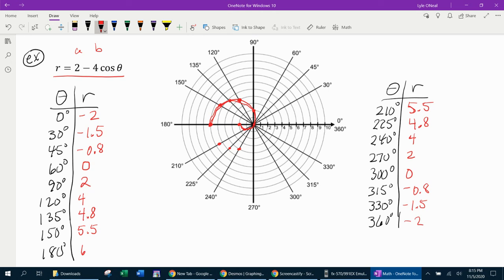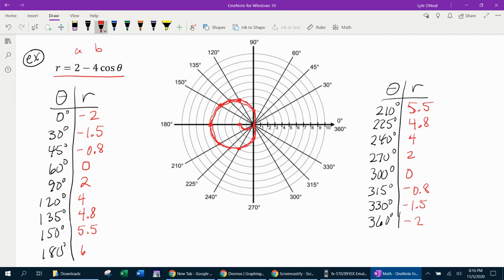And then 270 is back at 2. And then 300 is back at 0. So if we keep going here, you can actually see the direction that this graph starts. It starts here at our first point, and it curves around and then back into the origin.